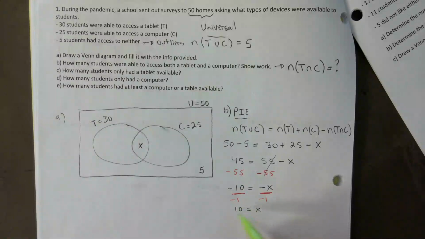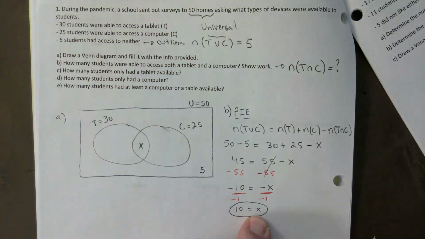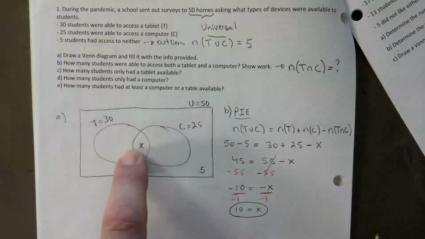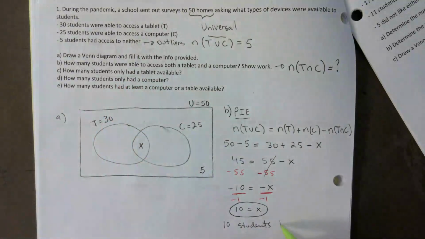X is equal to 10. That's showing your work. But let's answer this properly. We determined that X is the AND section for me. So 10 students, what does it say? Had access to both.